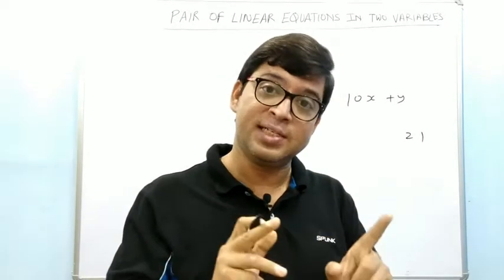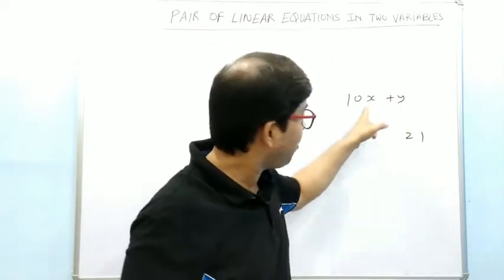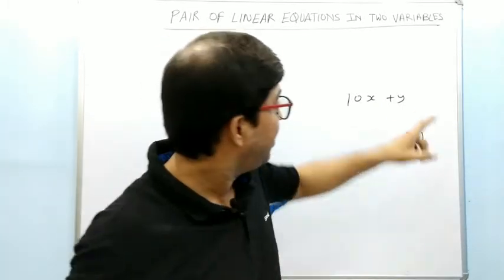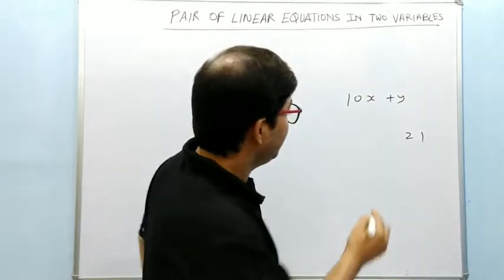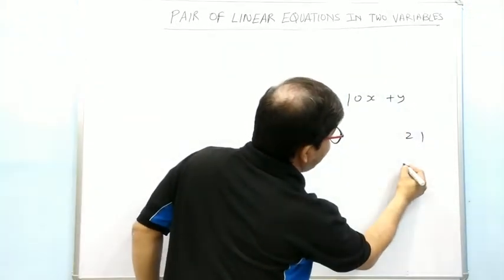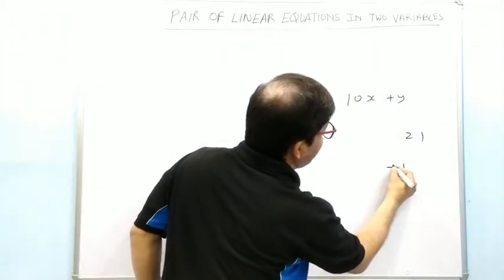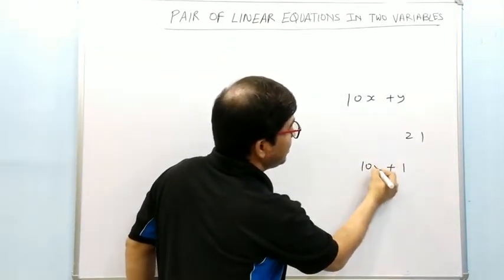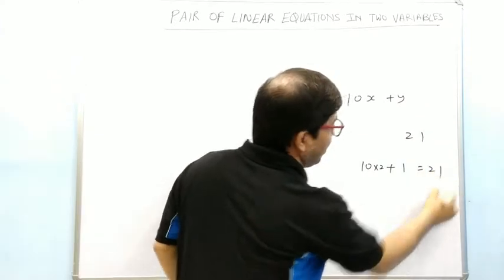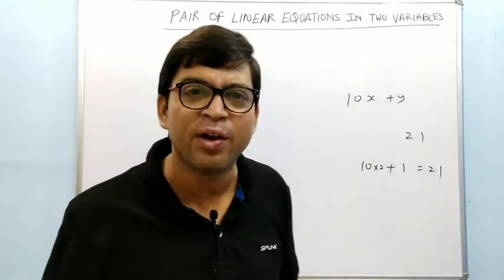Be careful what is a digit and what is a number. x and y are digits, one at the unit place and one at the tens place. If I apply this formula, the digit at the unit place, that is 1, plus 10 into the digit at the tens place, that is 2, comes out to be 21. That is the simplest explanation.